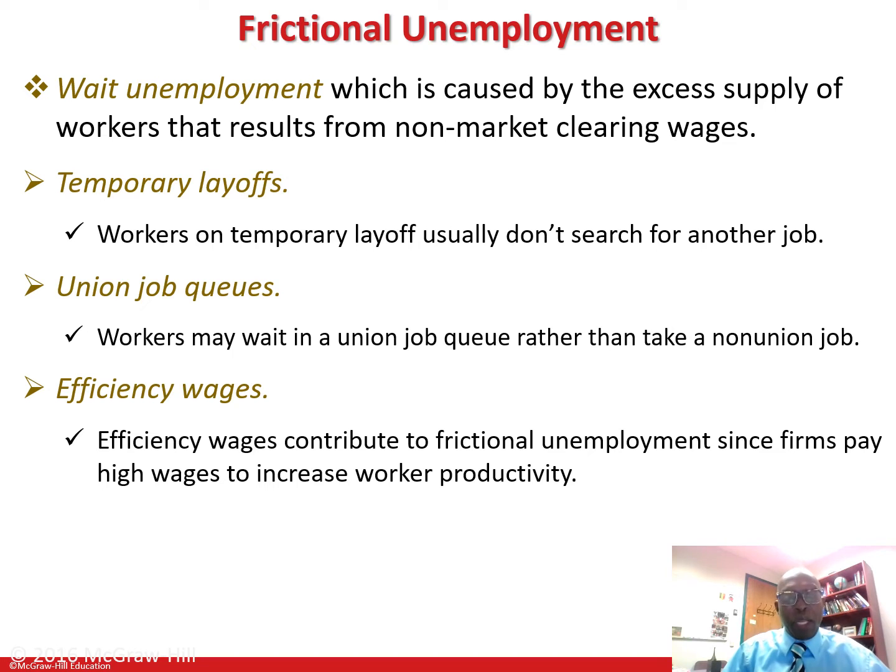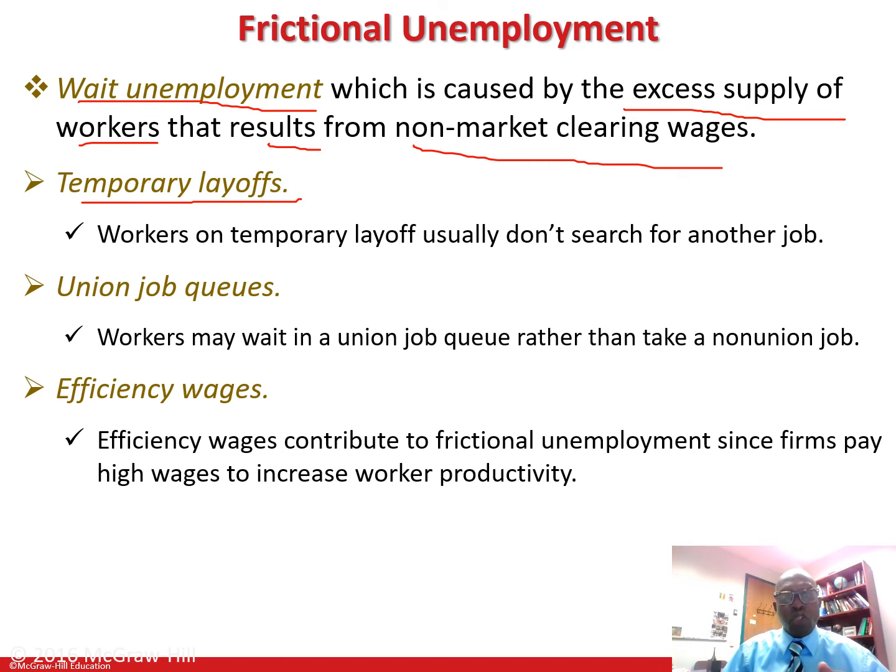Frictional unemployment is also called wait unemployment, which is caused by the excess supply of workers that results from non-market-clearing wages. So, for instance, a worker could be temporarily laid off. This will be the case of workers on temporary layoff who usually don't search for another job because they have the guarantee from the company that they'll be coming back.